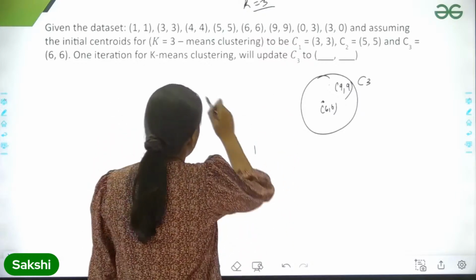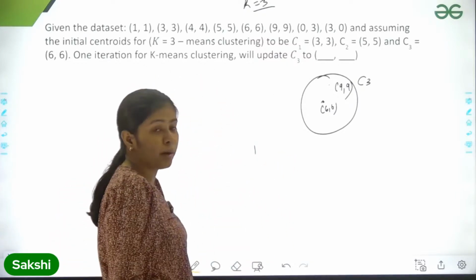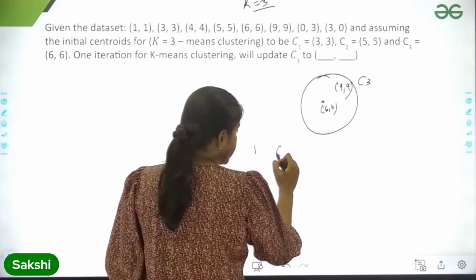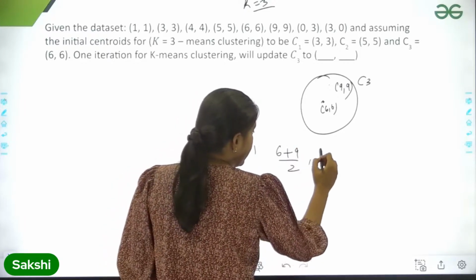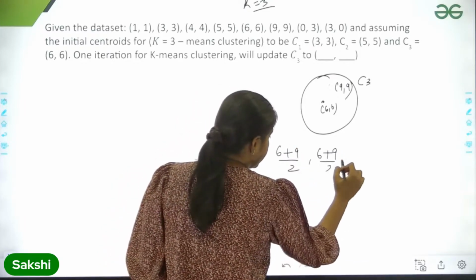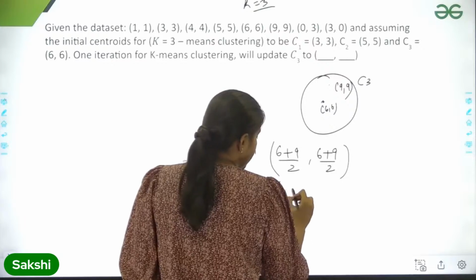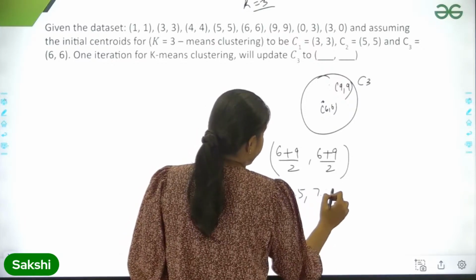Now what would I do? For updating the centroid, I'll take an average. That means 6 plus 9 divided by 2, and 6 plus 9 divided by 2. So that would give me 15 by 2, which means 7.5 comma 7.5.